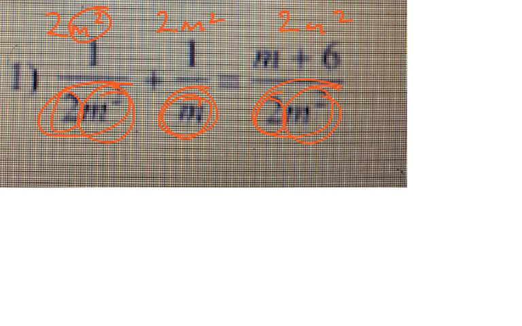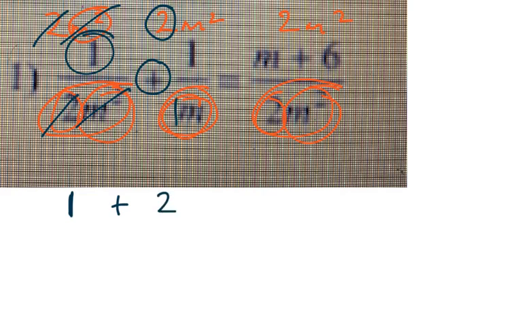Now, let's see how the math works out. 2 divided by 2 is 1. M squared divided by m squared is 1. That means all I'm left with is 1. Plus, watch your signs. Now the middle term, the 2, all it has is, you could say a 1 down there, but 2 divided by 1 is 2.